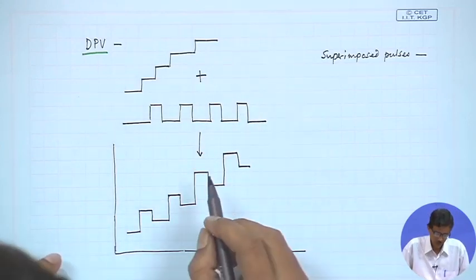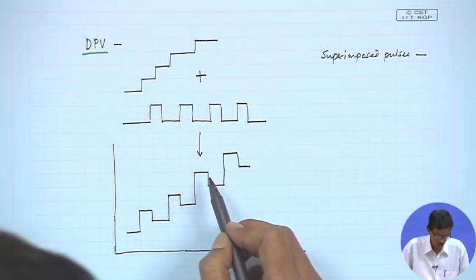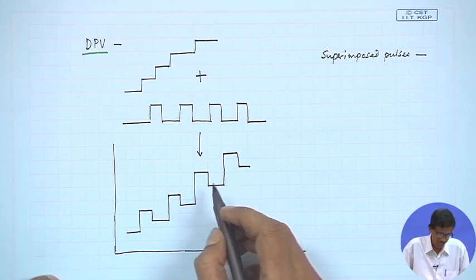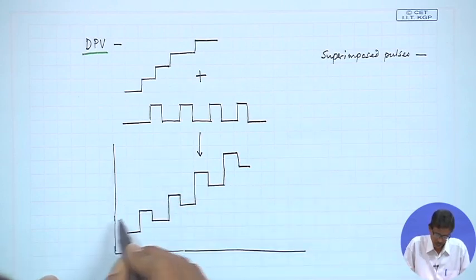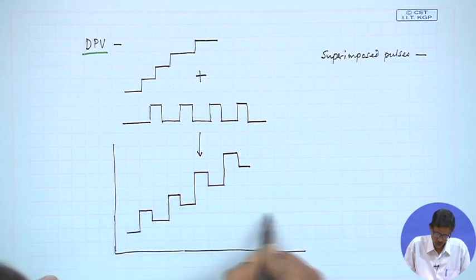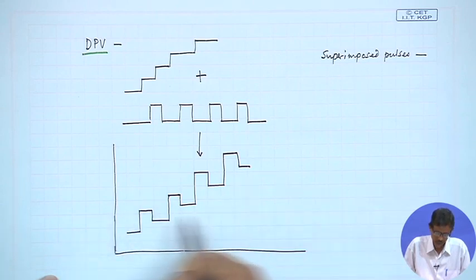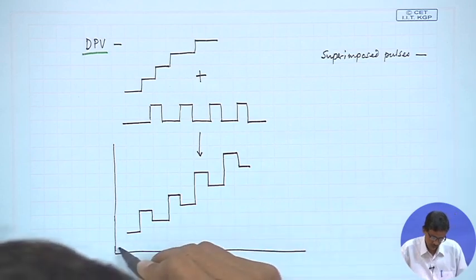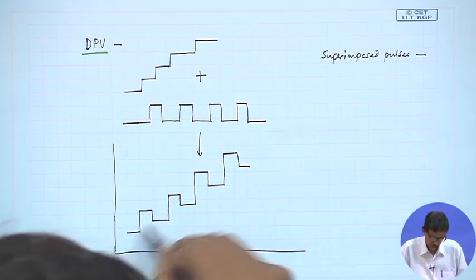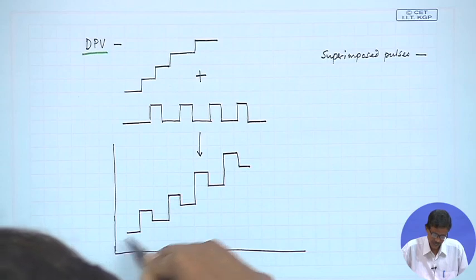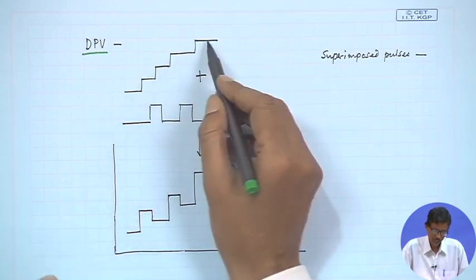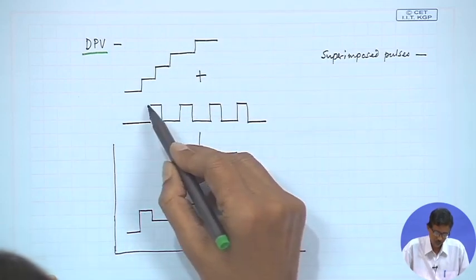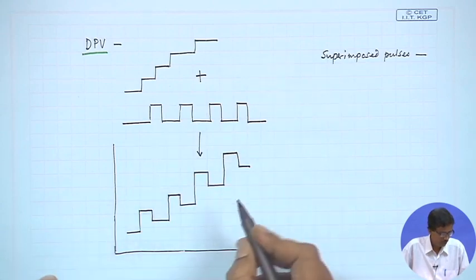These differential pulse voltammetric measurements are useful because, as we saw earlier in normal pulse voltammetry, your base potential was not changing; it was coming back to the base potential. Now, your base potential is a staircase. This base potential changes in a staircase manner, because the staircase we have imposed has steps of the same height.